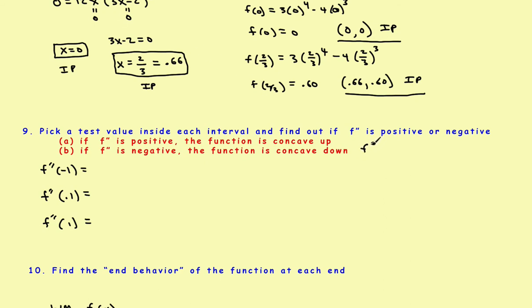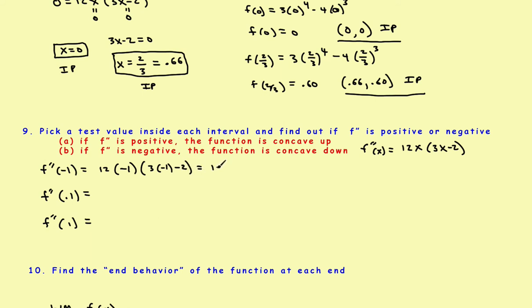So you've got f double prime of x, and it was 12x times 3x minus 2. So that was the second derivative. So we plug these things in. This is going to be 12 times, and in place of x, I'll put a minus 1. Then this is going to be 3 times a minus 1 minus 2.